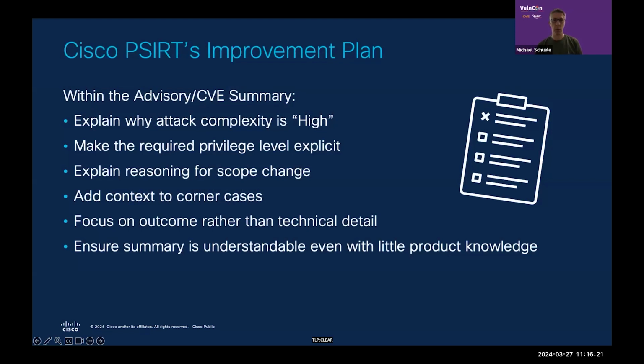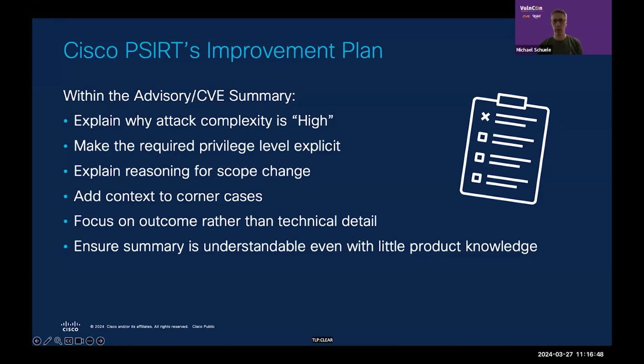And what we want to change there is that we'll first explain why attack complexity is high if we set that, make the required privilege level explicit, also in the context of the product, so customers can really understand how a given privilege level relates to the privilege model of the product. Explain the reasoning for scope change. We need to add context to corner cases.